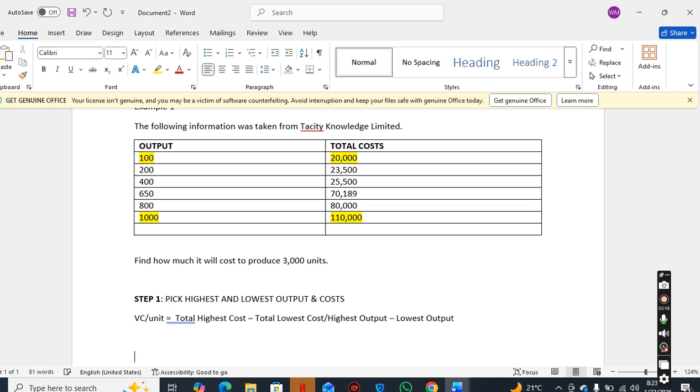That's what you do: the highest cost minus your lowest cost, divided by your highest output minus your lowest output. This will give us our variable cost per unit.